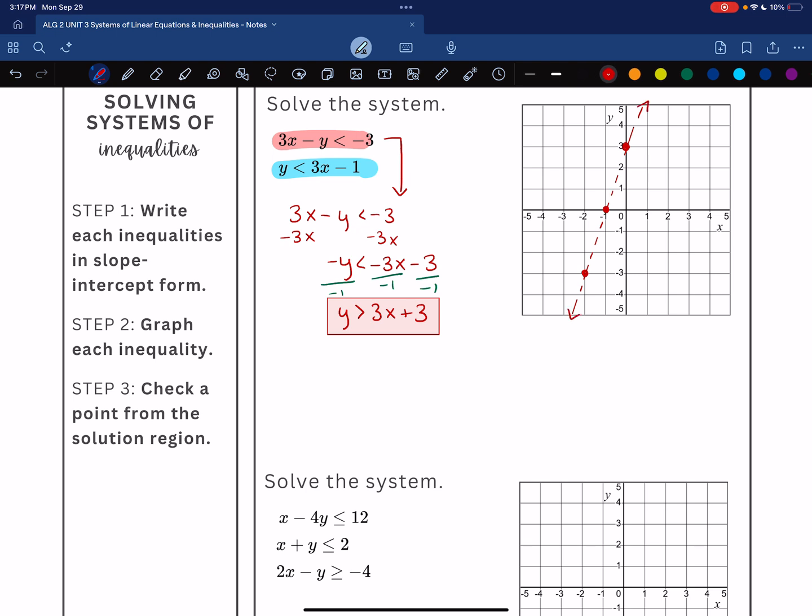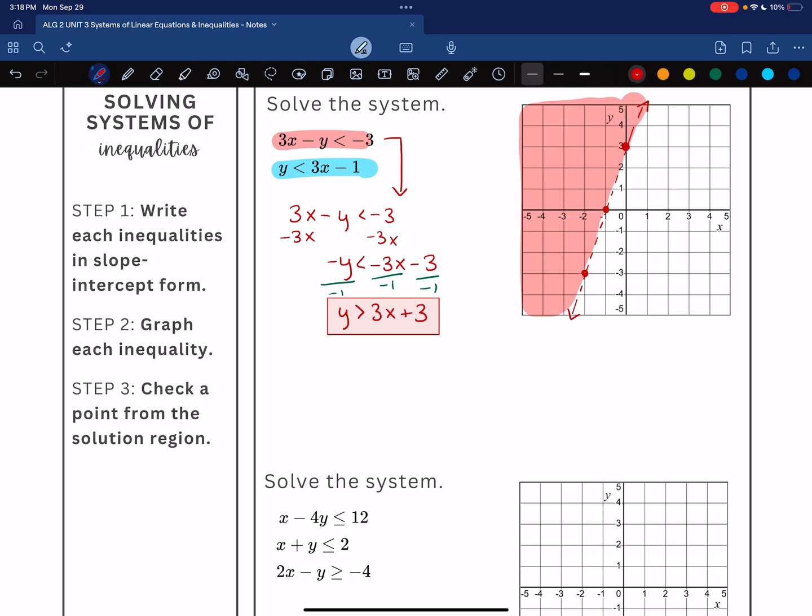And then we need to shade. When you shade this, it's red y values greater than. That's how you read this symbol right here. That's greater than. So we need to shade values greater than this line. That's going to mean everything above the line. Splendid.